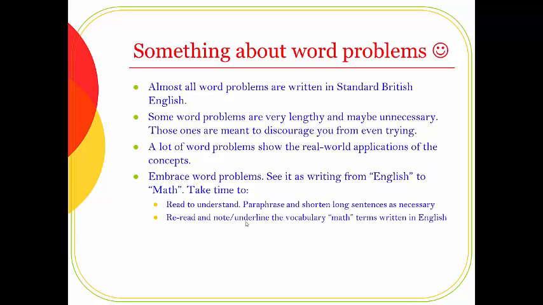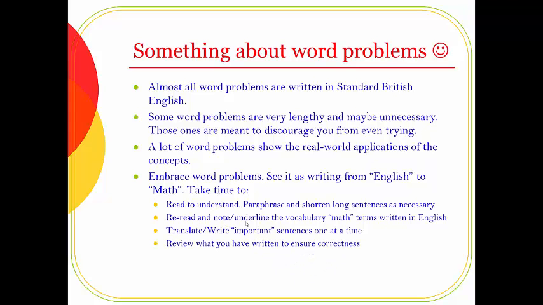Those vocabulary math terms are in those prerequisite videos. So it is important that you become familiar with them: sum, difference, product, quotient, consecutive, more, less, more than, less than, twice. Then you want to translate or write important sentences one at a time.